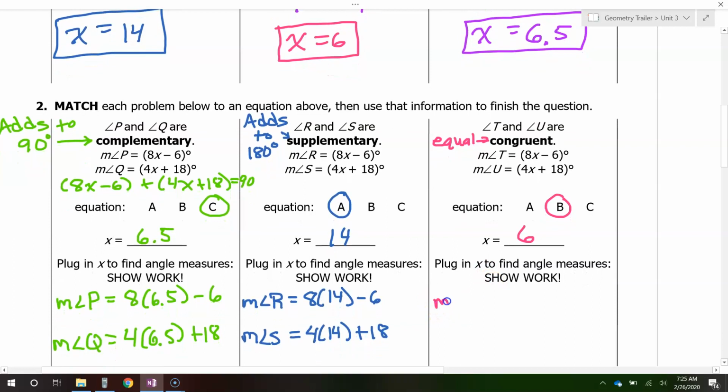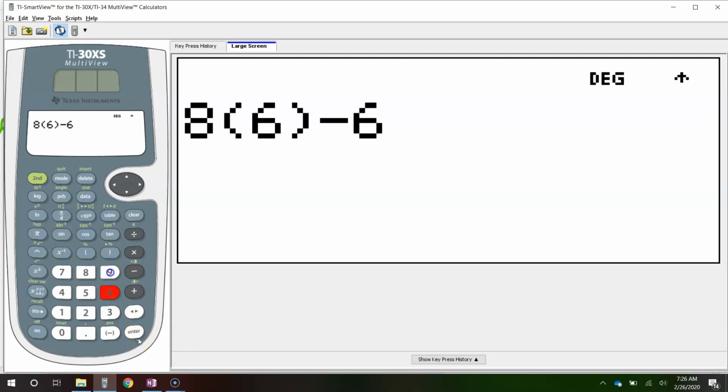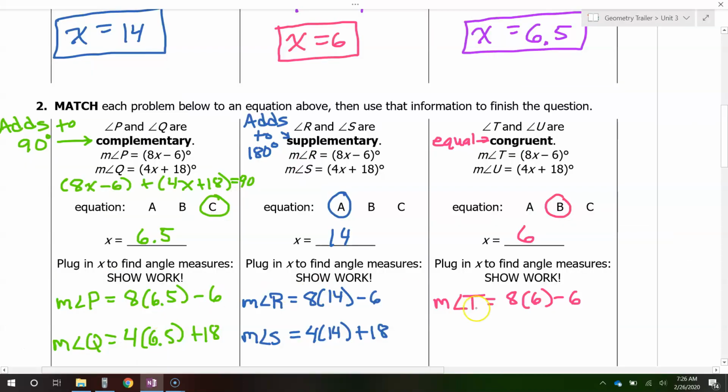So let's find the measure of angle T is 8x minus 6. So that's going to be 8 times 6 minus 6. Okay, so that's going to be 42.